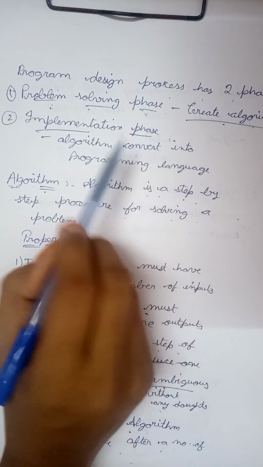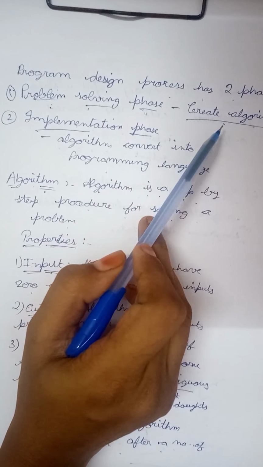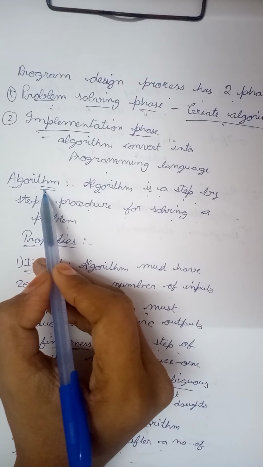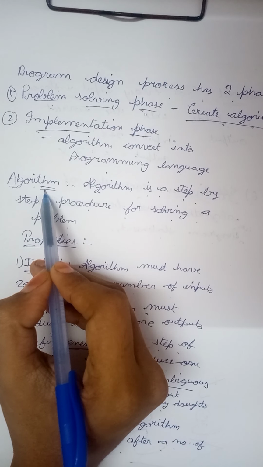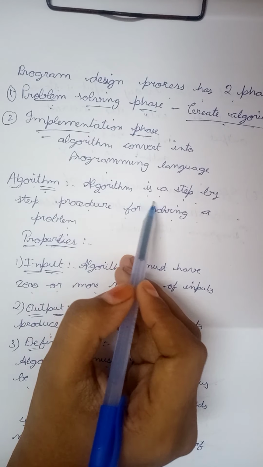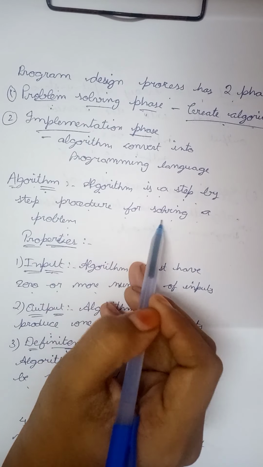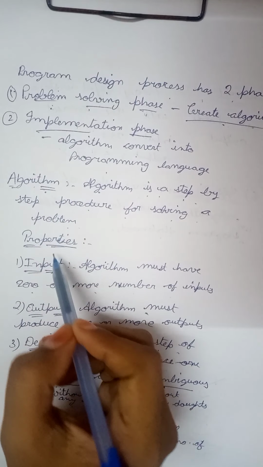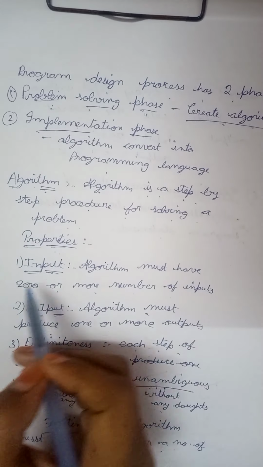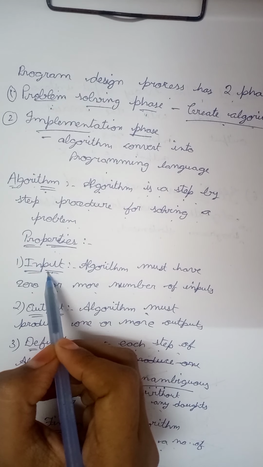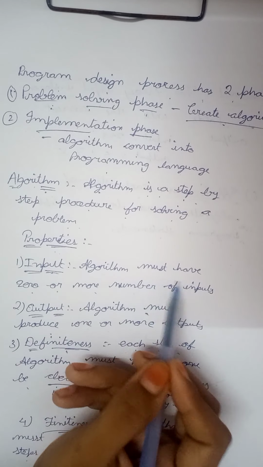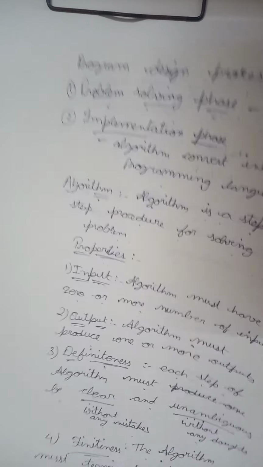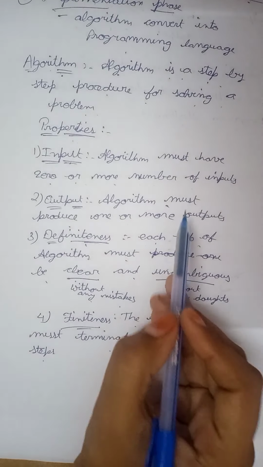In this class, we are learning about algorithm. The definition of algorithm is a step-by-step procedure for solving a problem. The first property is input: an algorithm must have 0 or more inputs.